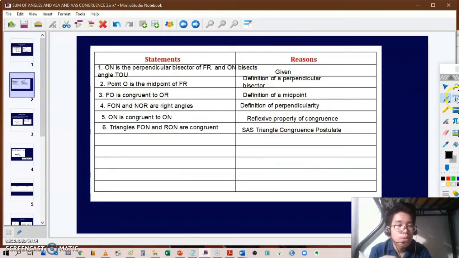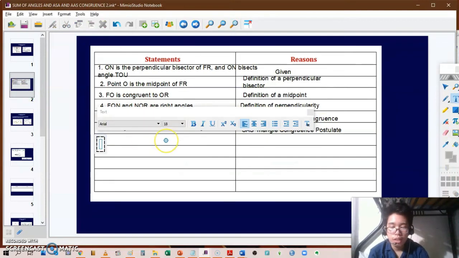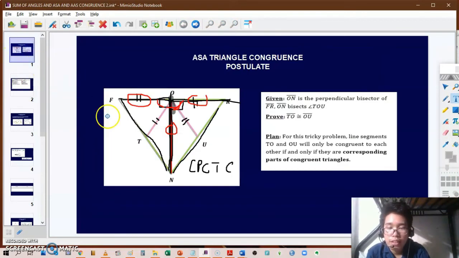For number 7, we can write that angle ONF is congruent to angle ONR. They're congruent because of congruent parts of congruent triangles, since we've already established that triangles FON and RON are congruent. So that's ONF and ONR.